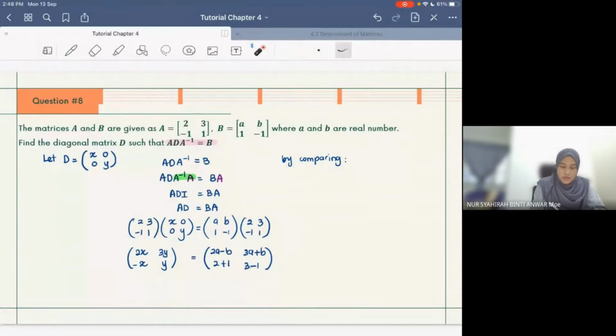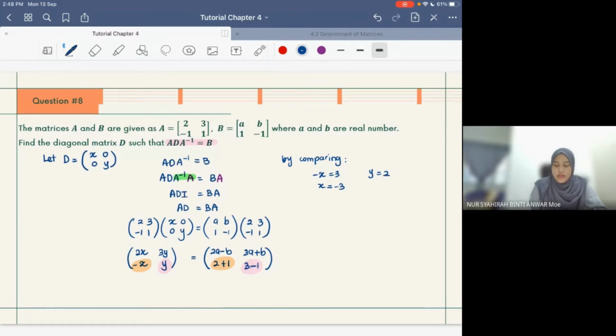Apa yang kita akan compare? Yang bawah ni je lah, negative x dengan 3 dan kemudian y dengan 3 minus 1 ni. So negative x is equals to 3, that means our x is equals to negative 3. Dan we have y will be equals to 2.